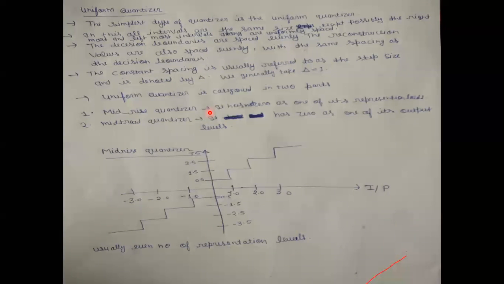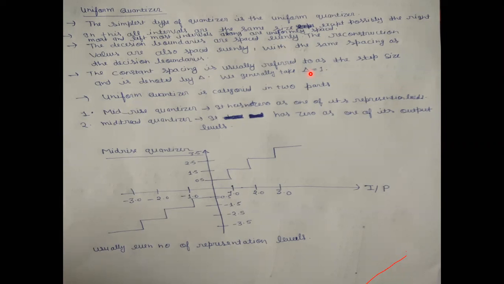The difference between one interval and another is the same size. This constant spacing is usually referred to as the step size, denoted by delta in the uniform quantizer. In the case of the uniform quantizer, we generally take delta equal to 1.